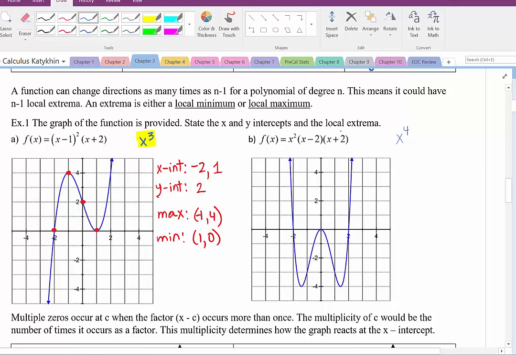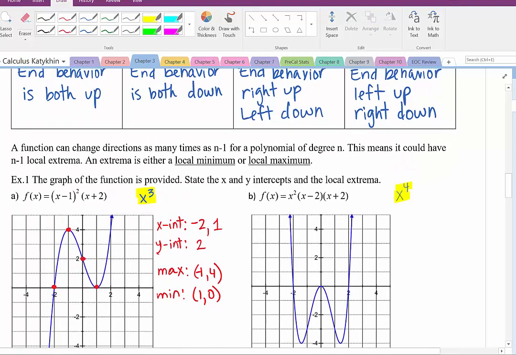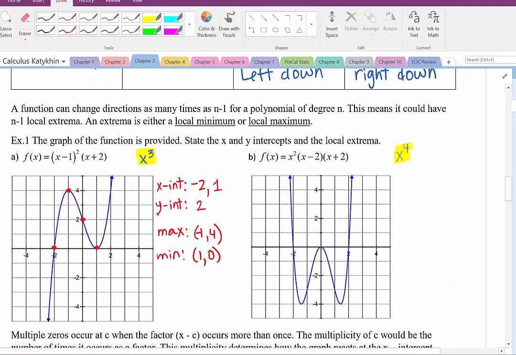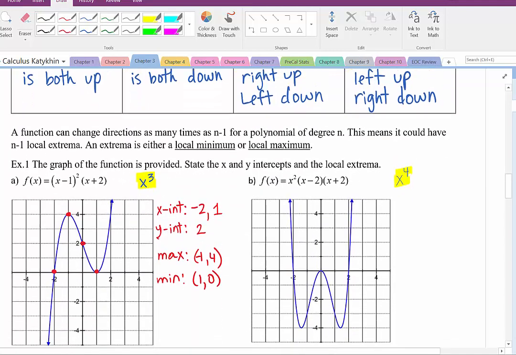I don't have to multiply all of that out to know that. Remember, if I have an even degree, which I do here, x to the fourth, and it's positive, both end behaviors have to be going up. As you can see, both end behaviors are going up. So that is still representing what we talked about before.